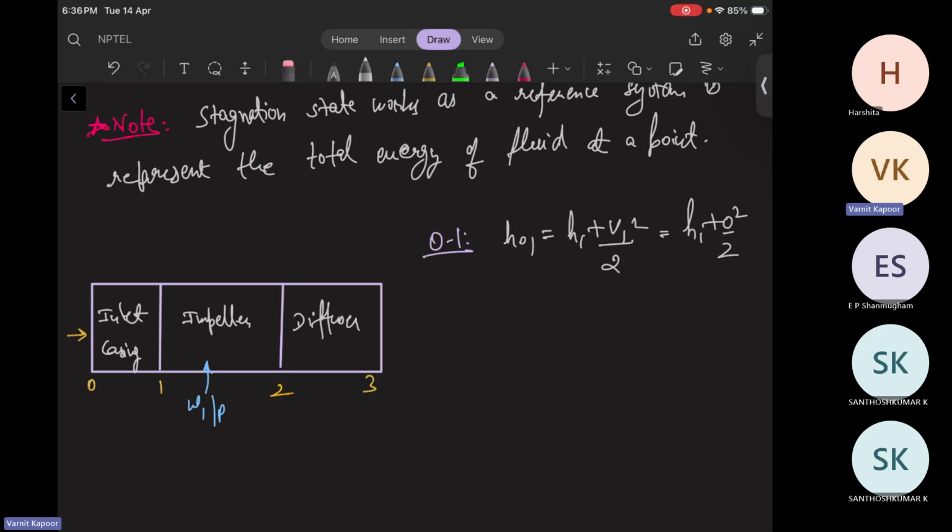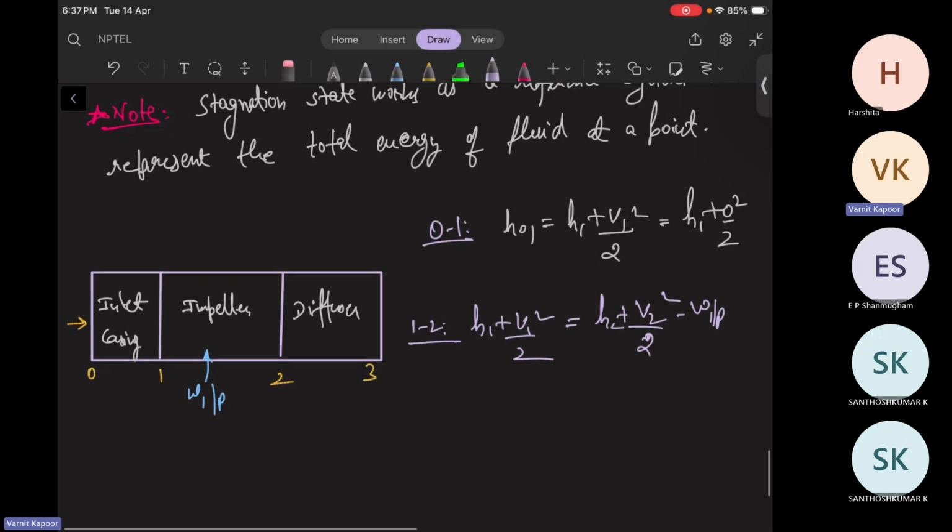In the impeller, when you are talking in terms of stagnation, it will be H1 plus V1 square by 2, no change in the potential, no change in the heat interaction, is equal to H2 plus V2 square by 2 minus the work input, because work has been provided, negative sign.